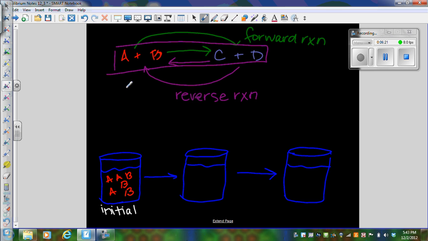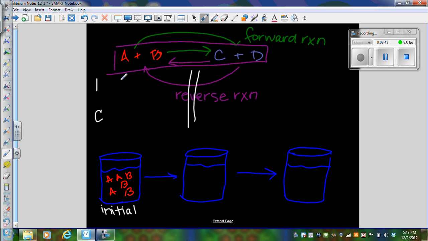So now what happens as a reaction proceeds? Initially, you've got your reactants that you have combined together in this container. And we've talked a little bit about this when we did those initial, change, final tables.